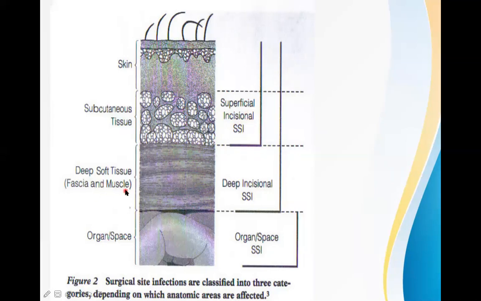If fascia and muscles are infected, deep incisional surgical site infection. And if the peritoneal cavity is infected, or organs like intestine, stomach, any other solid organ inside the abdominal cavity, we call it organ or space surgical site infection. It's quite easy now.